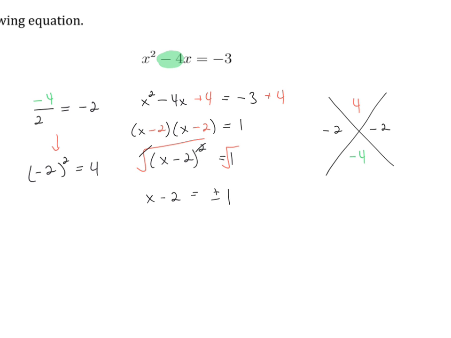Last but certainly not least, we are going to add 2 to both sides of the equation. And we get that x is equal to 2 plus or minus 1. We can evaluate this because this really just means x is equal to 2 plus 1, or x is equal to 2 minus 1.